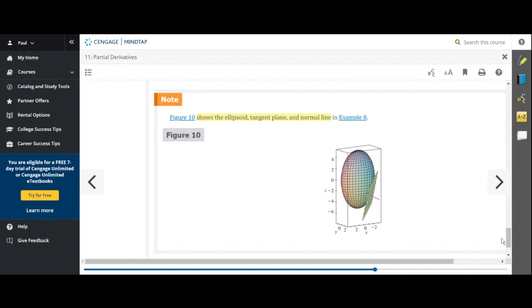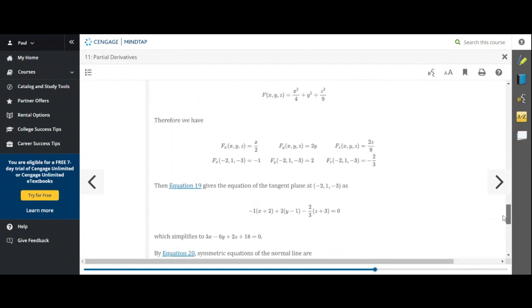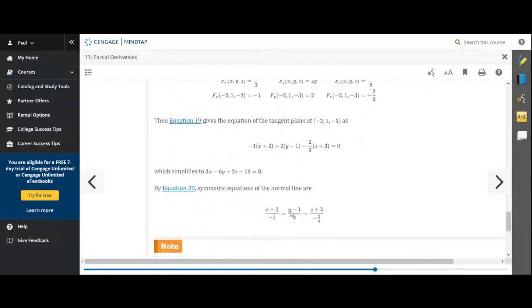So it's just a matter of getting the symmetric equations of the normal line. Notice -1, 2, and -2/3 are the components of the gradient vector, and the line passes through the point -2, 1, -3. And so you have the symmetric equations of the normal line.